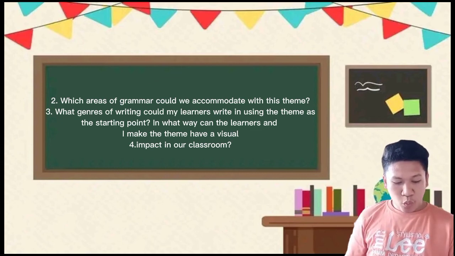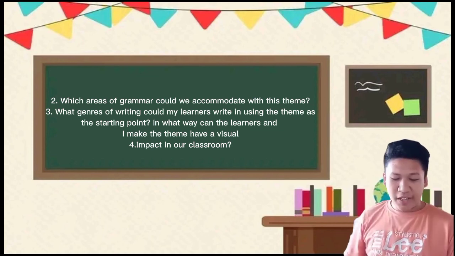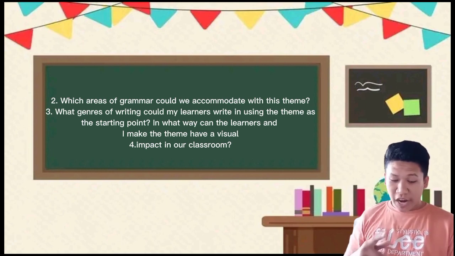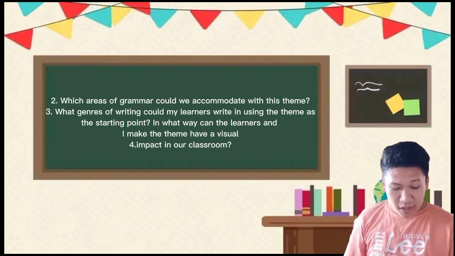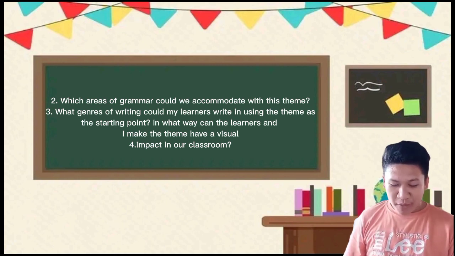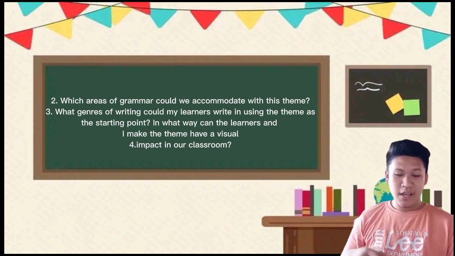Number 3, what genres of writing could learners write in using the theme as the starting point? Number 4, in what way can I and the learners make the theme have a visual impact in the classroom?